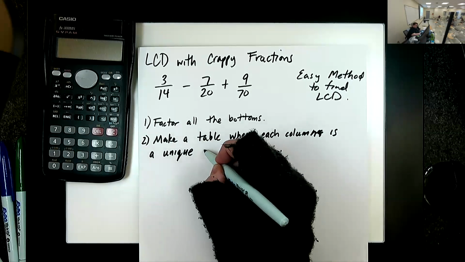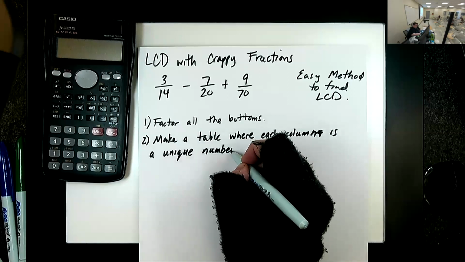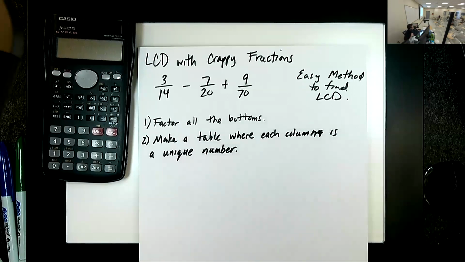I'll say unique number, because sometimes you don't have to go all the way down to the prime numbers to do it. But we're going to do that here.